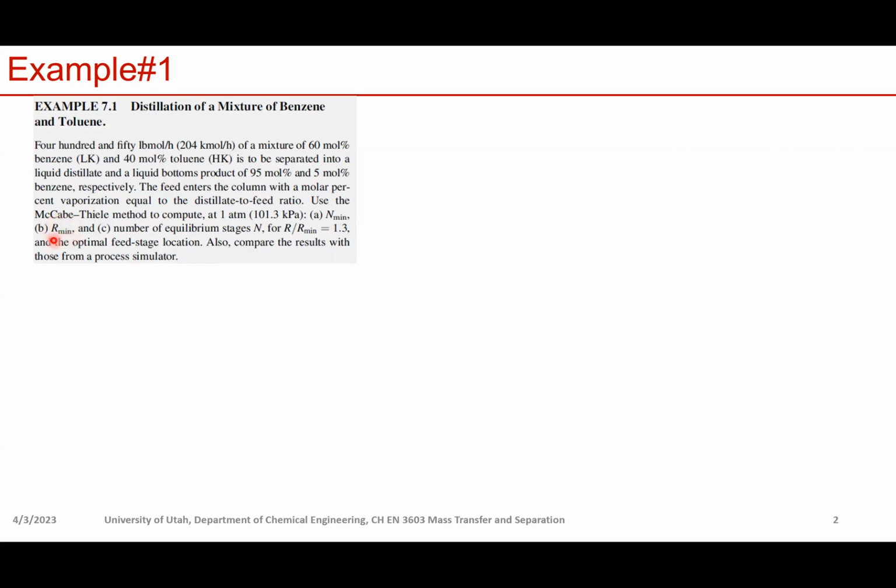So in order to find R minimum, we need to find out where this point is, right? From the feed condition, it's a mixture of vapor and liquid. We can figure out the Q line.